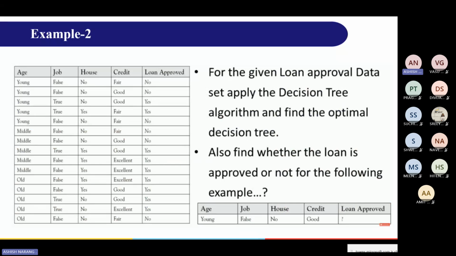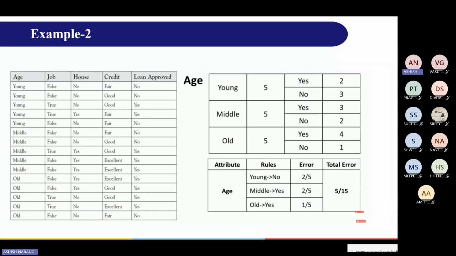Another example is there, and now you can do this example yourself. Whether the loan is approved or not: these are the 4 attributes which are input features, and this is the output. This is the error with respect to this. Young no is one rule defined, middle yes is another, old yes is another.